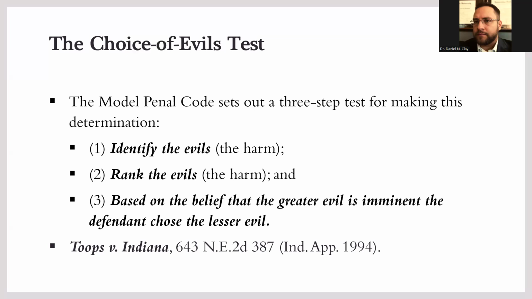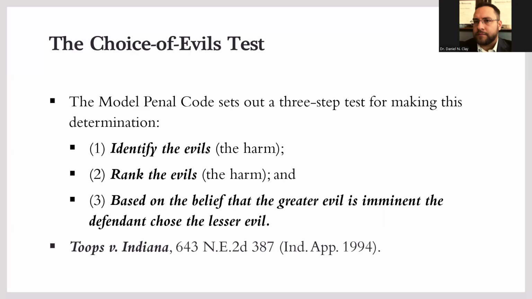Then we rank the evils, right? So what's the more severe of these two harms? And then based on your ranking, on the belief that the greater evil is imminent, the defendant has to choose the lesser of the evils, right? So, example, breaking and entering. What are the evils? You're invading privacy. You're invading somebody's property. That's the evil.